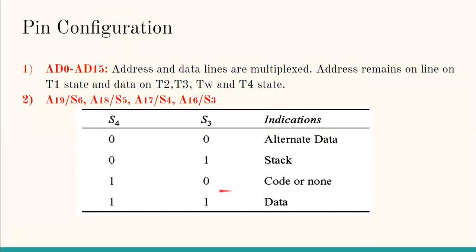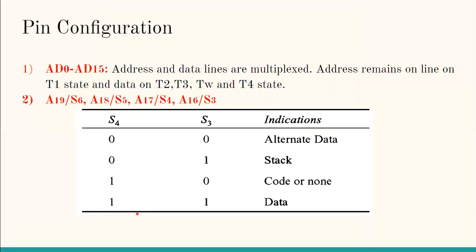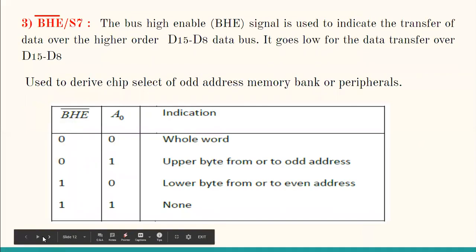If the value is 1, 0, the processor is accessing the code segment, or maybe it is not accessing any memory. If it is 1, 1, that means it is accessing the data segment. So basically these S3 to S6 status bits give the value of which segment is being accessed by the processor.